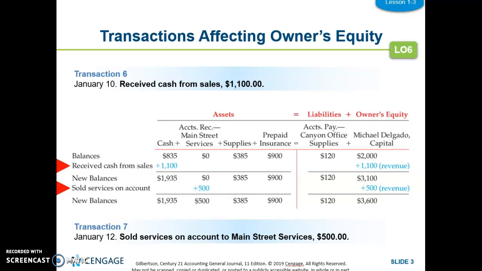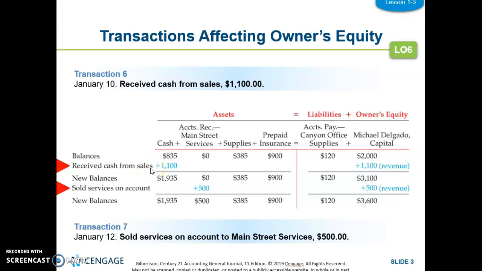The first transaction on top, which is transaction 6, on January 10th, we received cash from sales, $1,100. Two accounts are going to be affected in this transaction. There are always at least two accounts for each transaction. The first one, we received cash, so cash is going to increase by $1,100. That's an asset.